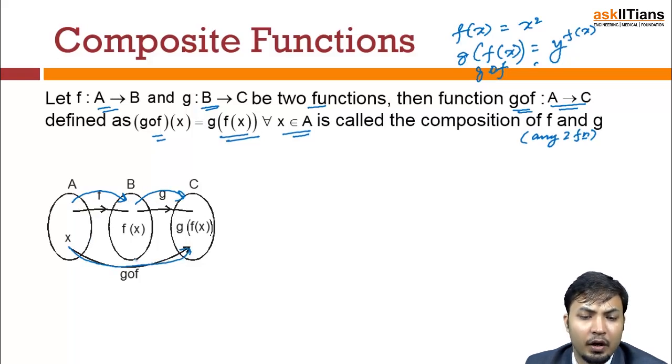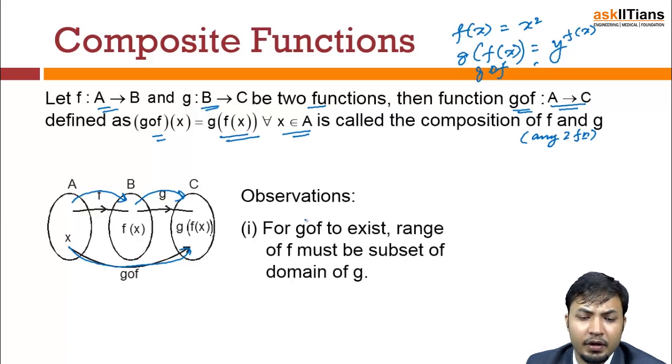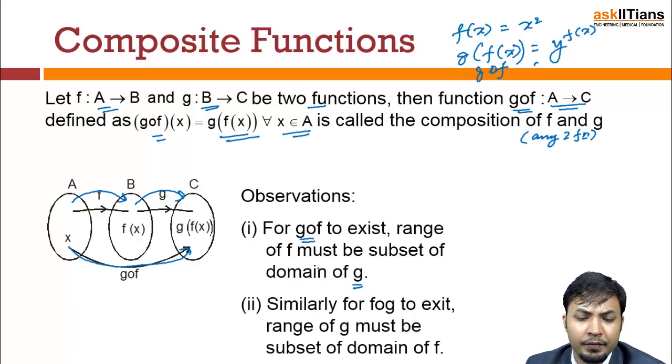Now for g of f to exist, the range of f must be a subset of the domain of g. Similarly, for f of g, it has to be the other way around.